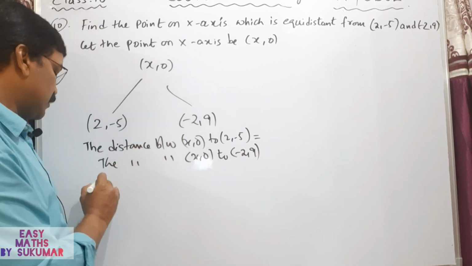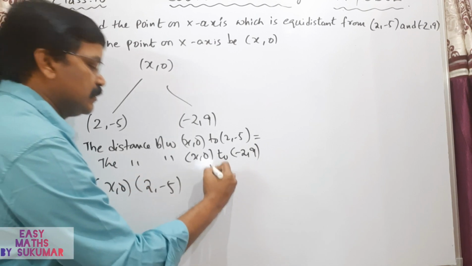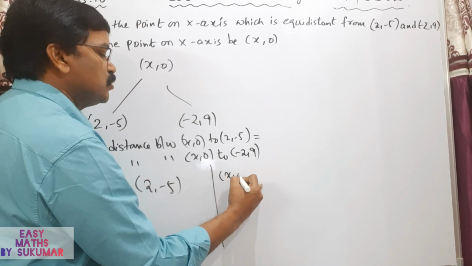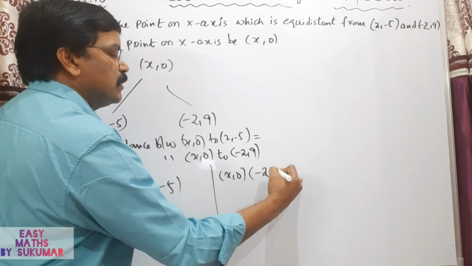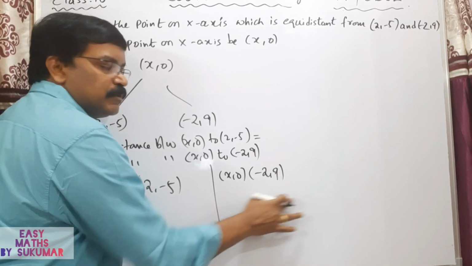Okay. So first to take (x, 0) and (2, -5). Here (x, 0) and (-2, 9). Let us find the distance between these 2 points. Similarly, find the distance between these 2 points.